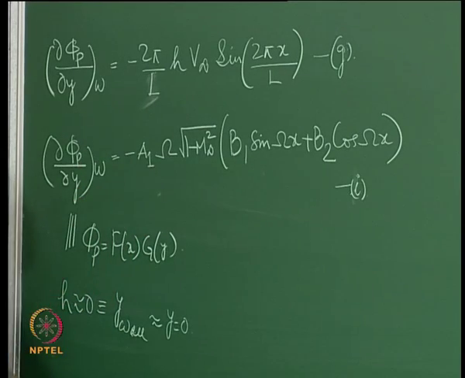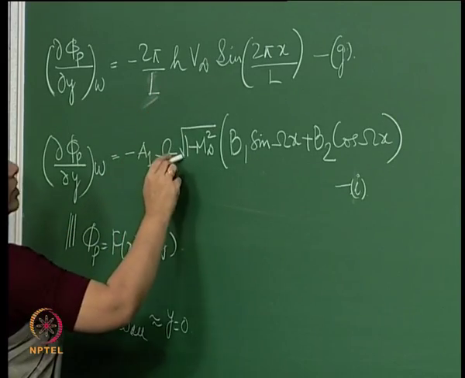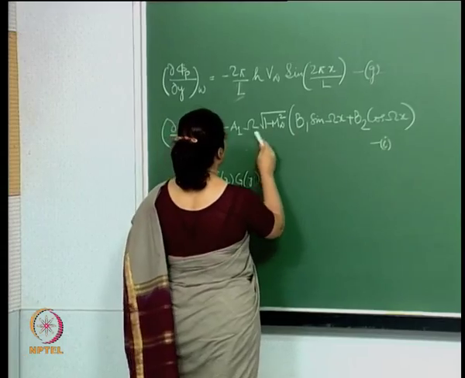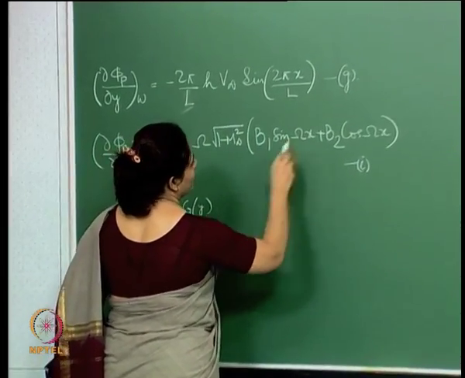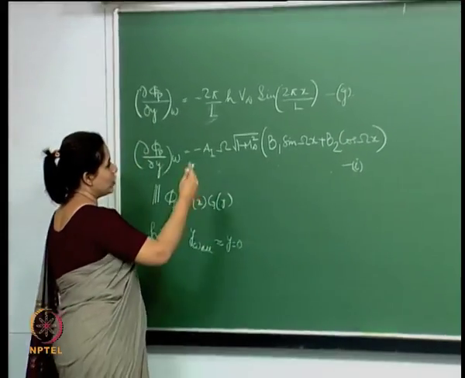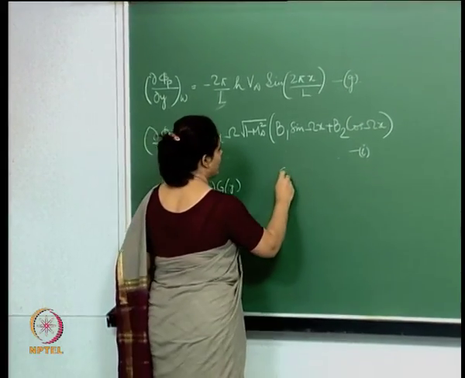Now if we equate these two, they can be equal only if certain conditions hold. We have a sine term here, a sine term here, and a cos term here.